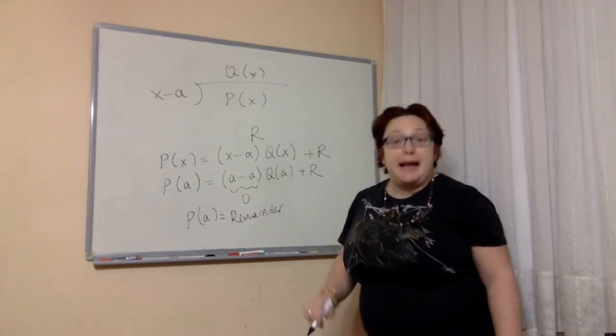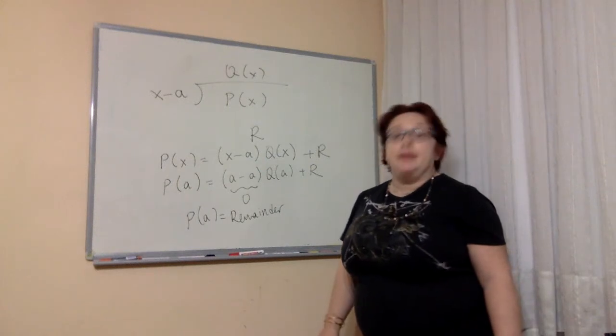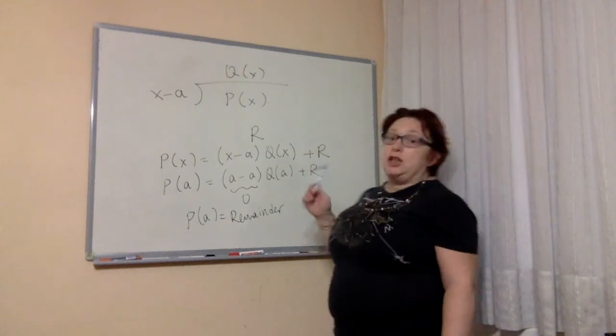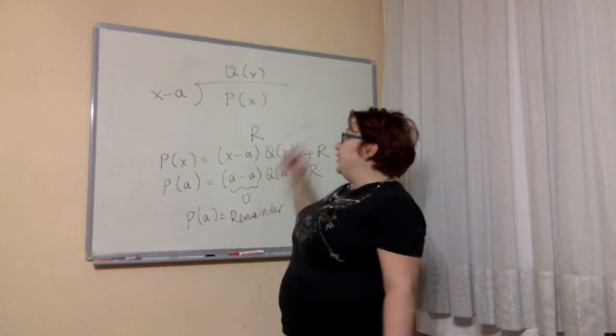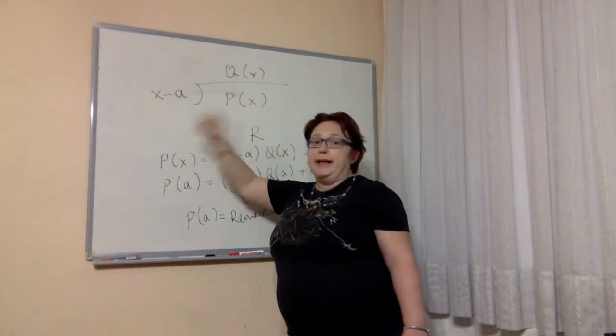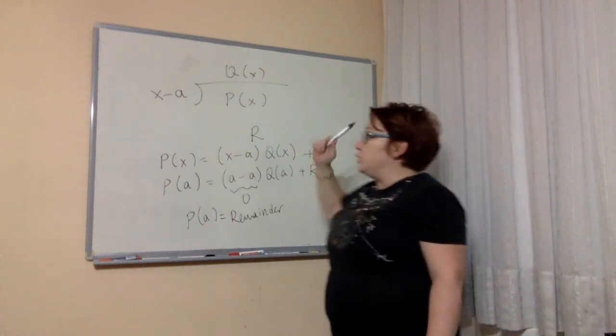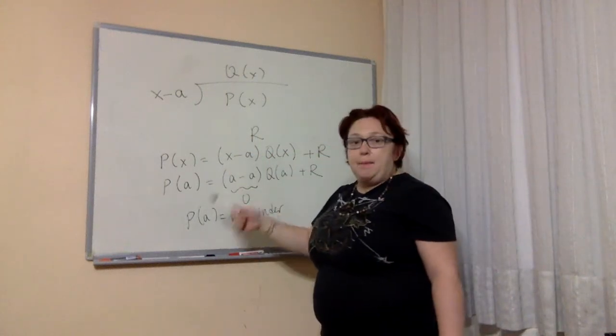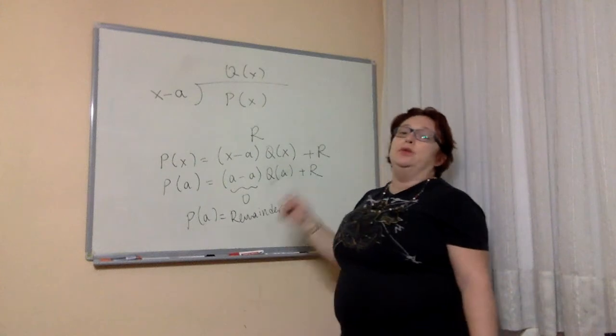And that is exactly what the remainder theorem says. It says to calculate the remainder of dividing p of x by a linear term x minus a, you simply take the number a and find the polynomial value for a.